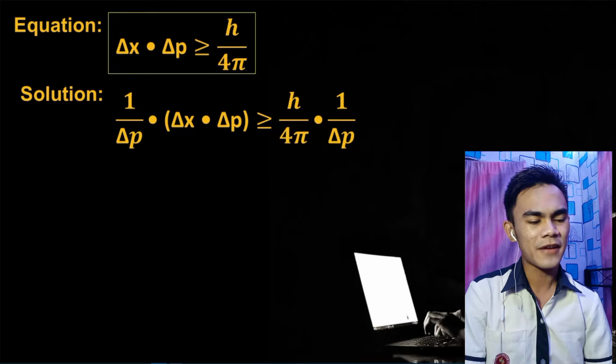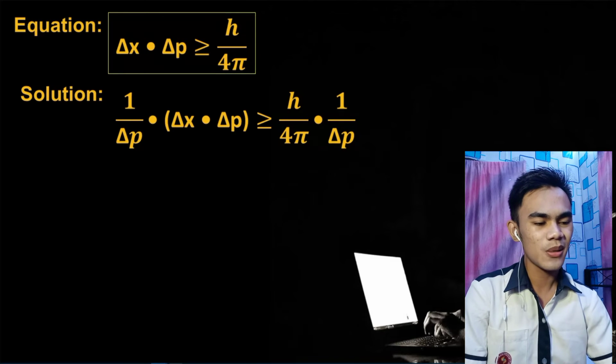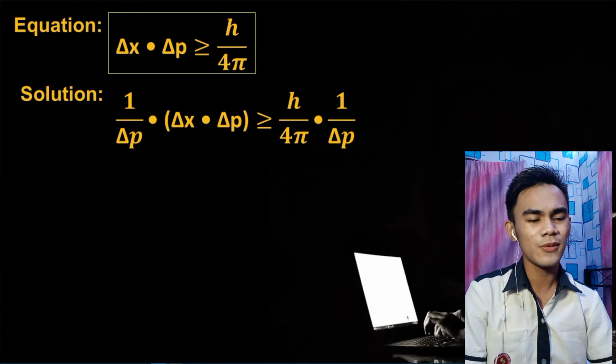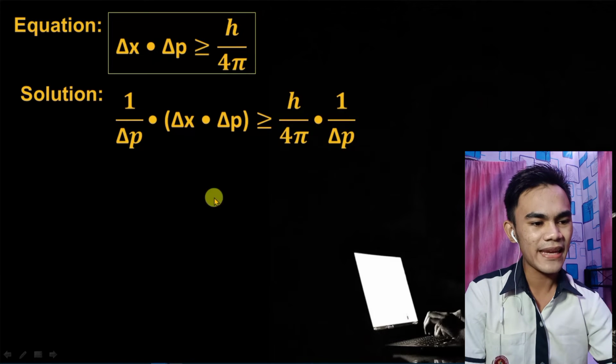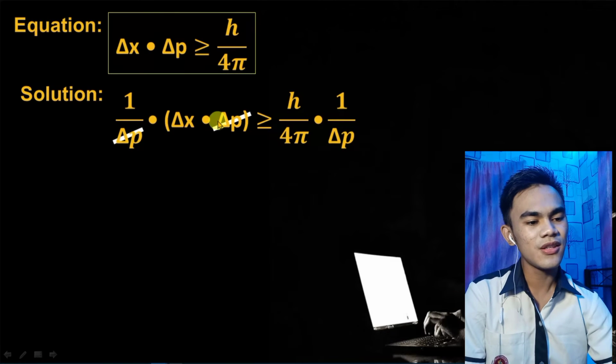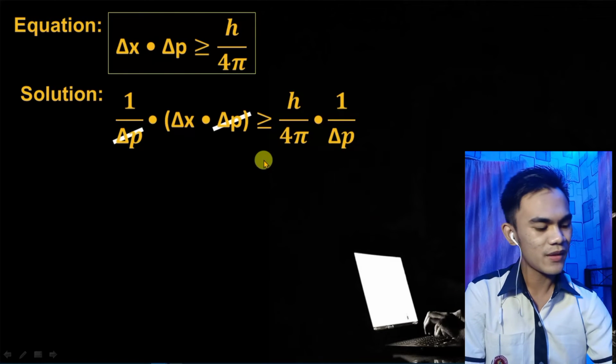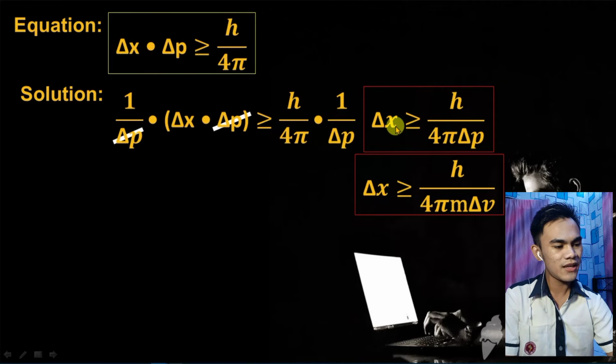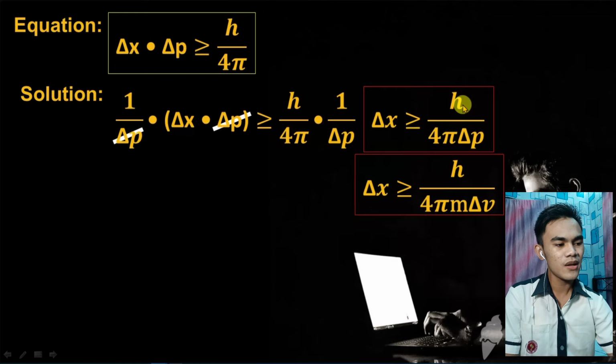In order to find delta x, we divide both sides by 1 over delta p, or the change in momentum, so the change of momentum cancels out. Now delta x is greater than or equal to the Planck's constant, represented as letter h, divided by 4 pi.